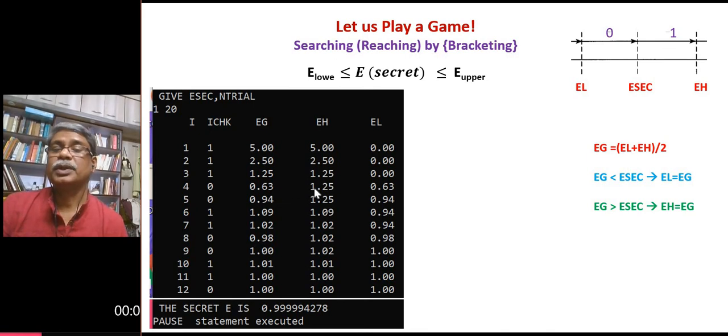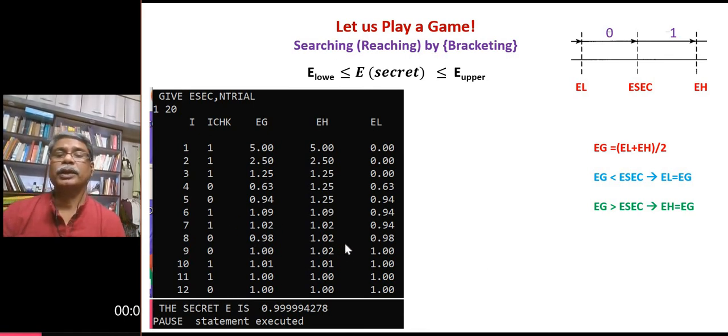Since it is left hand side, EH remains the same, 1.25, but the lower bound now takes up the new value 0.63. So now you have to take the average of 1.25 and 0.63, you will get 0.94, which is again on the left hand side. So again the EH remains the same, but EL takes the value 0.94, and now if you take the average, 1.09, now it goes to the right hand side, that is the region of 1, right?